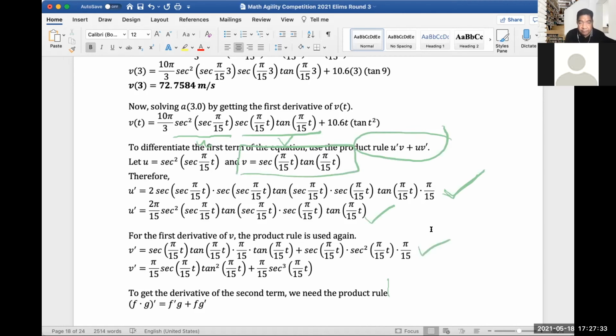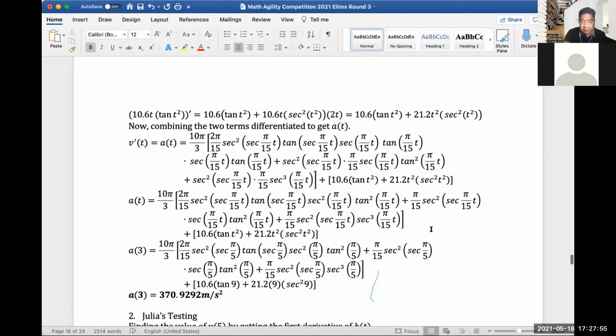When you simplify it, this will be the final answer for v prime. Combining them, to get the derivative of the second term we need the product rule, f g prime is f prime g plus f g prime, which is what I mentioned earlier.